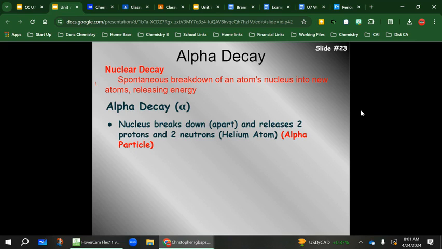Now, if you think about it, this new piece of matter has 2 protons in it and 2 neutrons. We're not worried at all about electrons. But if some piece of matter has 2 protons in it, what is that matter called? What do we call any piece of matter that has 2 protons?